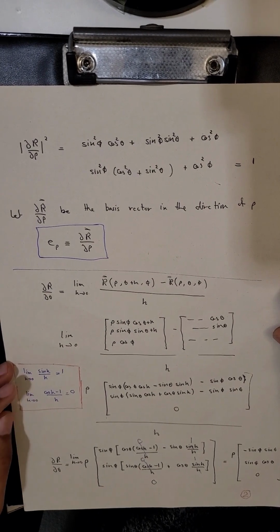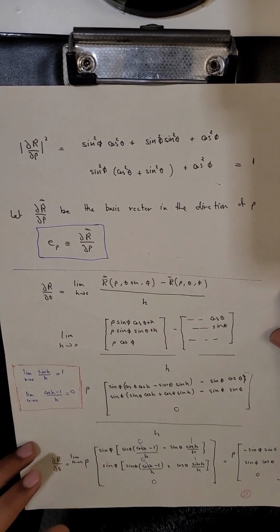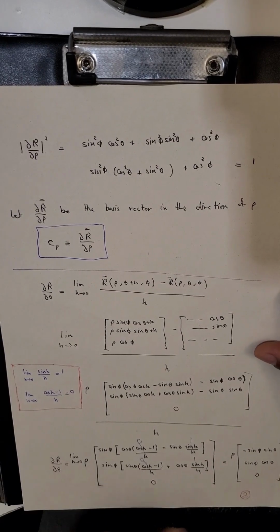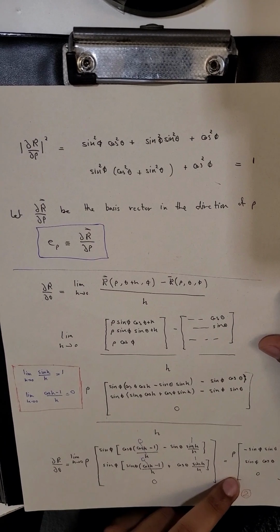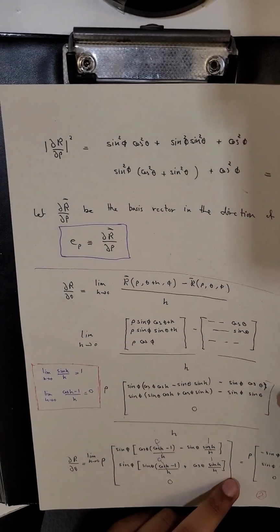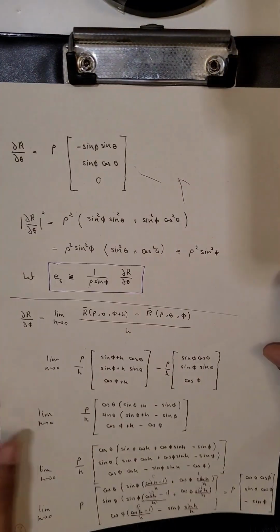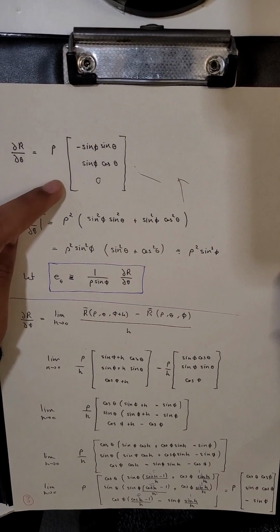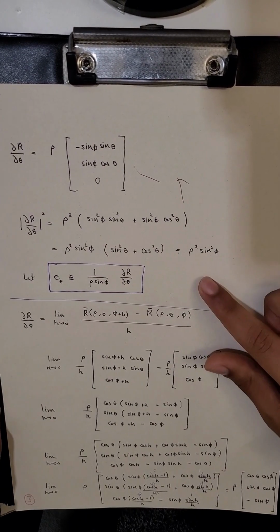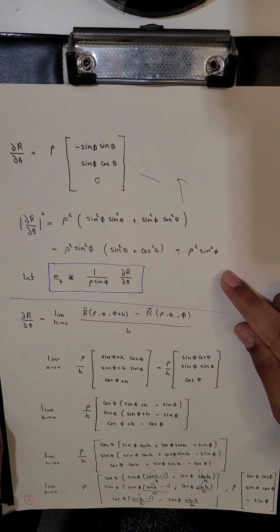Using these, you can check through all the details, and you get to this right here. Now we check for the norm of this vector, and the norm turns out to be rho sine phi.